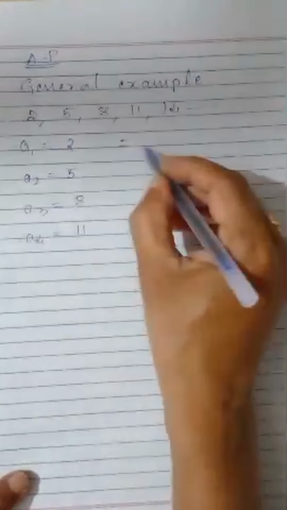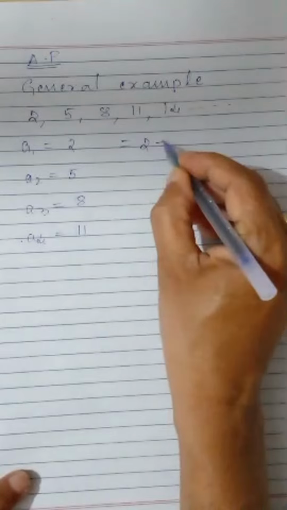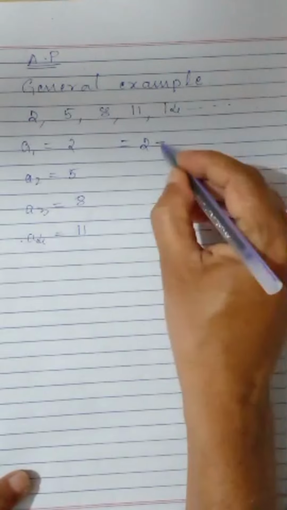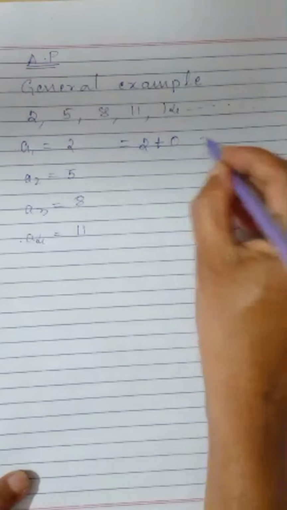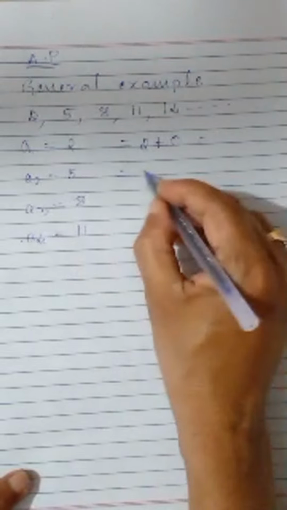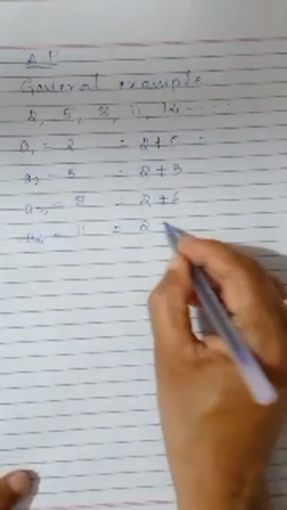Here I want to express 2. So 2 plus 0 is 2 only. In the same way, 5 can be written as 2 plus 3, and 8 can be written as 2 plus 6. Here 11 can be written as 2 plus 9.